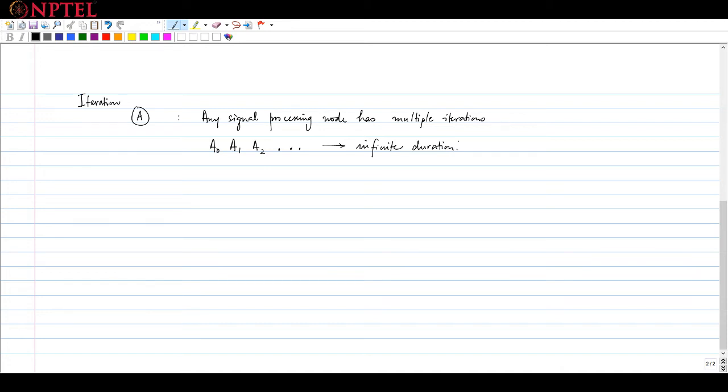What I mean by infinite duration is that because these are signal processing systems working with samples of data, there is no actual termination to how many times this computation can happen. As an example, an FIR filter continuously takes input samples and generates output samples.